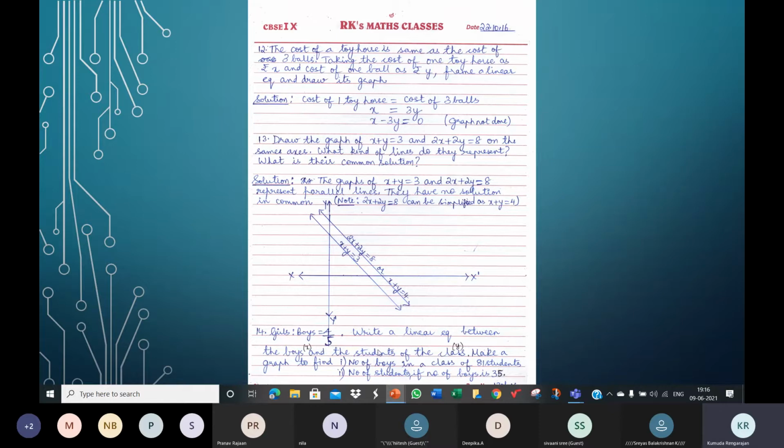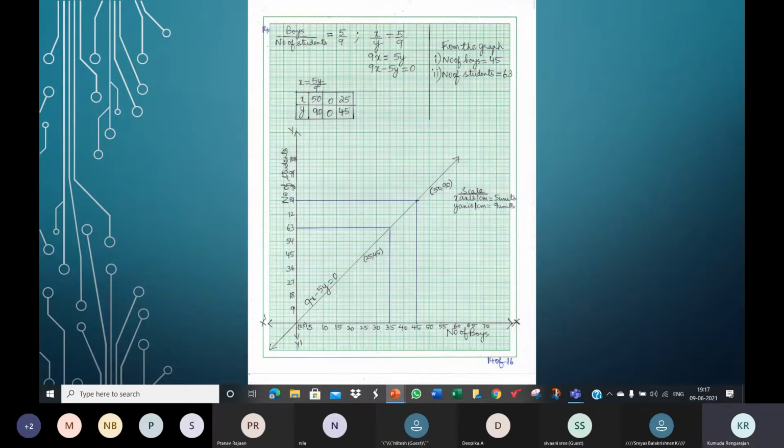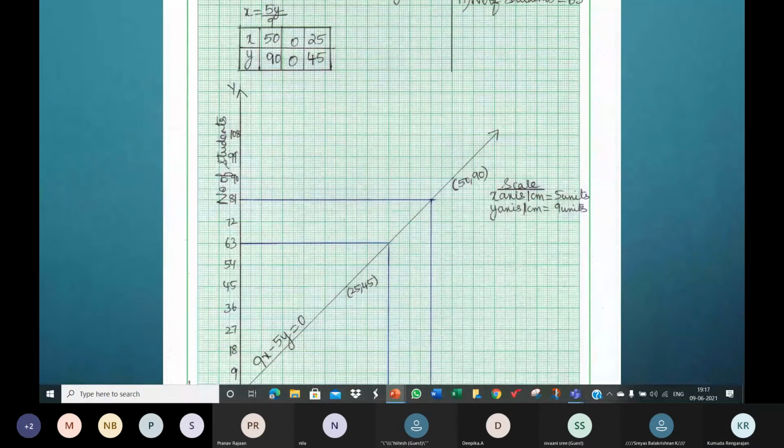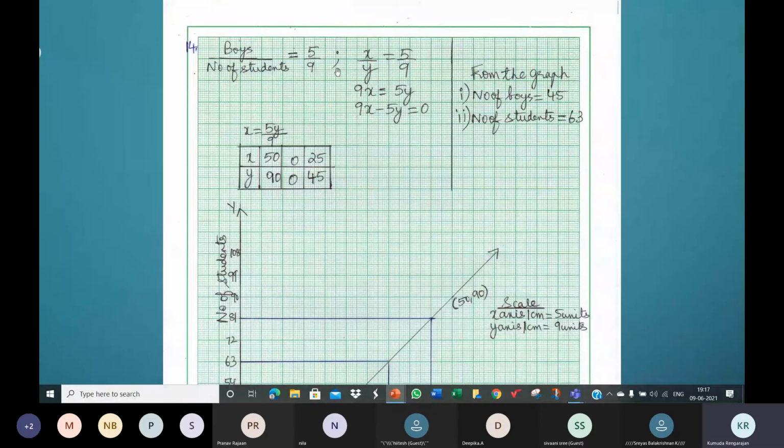So x by y is equal to 5 by 9. On cross multiplying, this is the required linear equation in x and y that satisfies the given information.